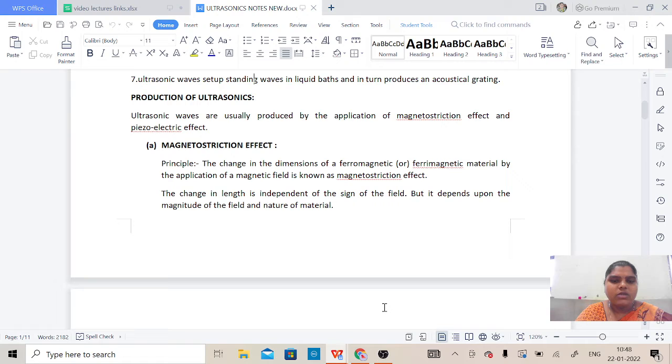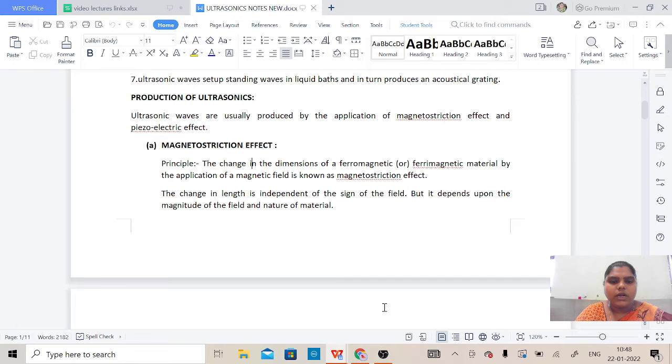The change in length is independent of the sign of the field. So whether we use the field in the positive or negative direction, the change in length is independent of the sign of the field, but it depends upon the magnitude of the field and the nature of the material.